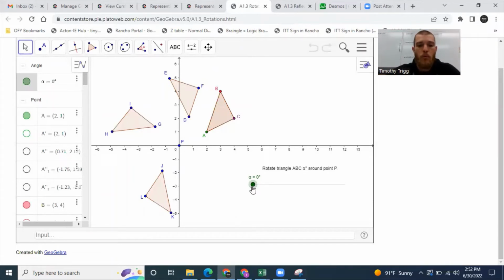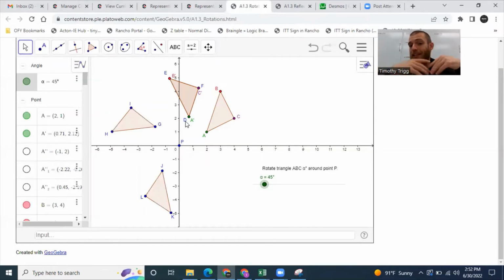So we're going to change our angle to coincide with each of the other triangles. We're going to rotate, rotate, rotate until it perfectly lines up with triangle DEF. You see that there? Now notice it perfectly lines on top of it. What does that mean about the two shapes again? It means they're congruent, right? Remember we talked about that before.